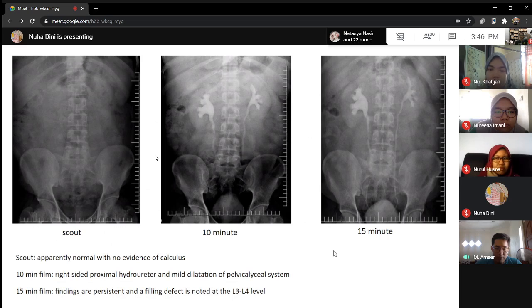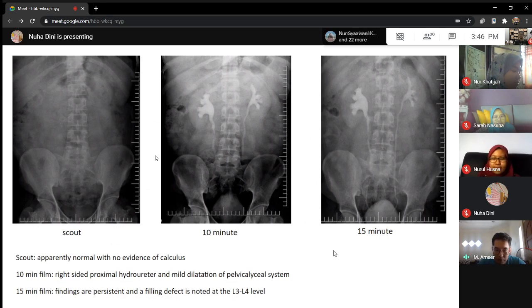Initially we can see that there is no evidence of calculus. However, after 10 minutes, we can see at the right side of the kidney there is dilatation of the pelvic system.